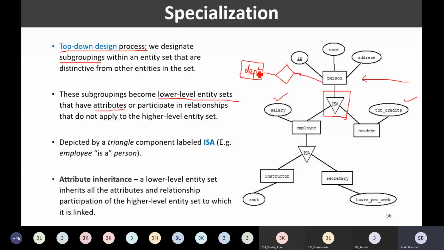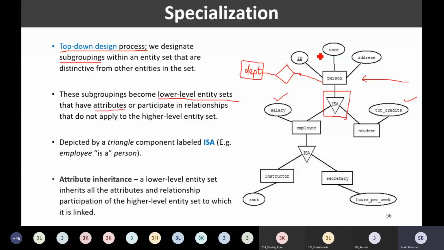What do I mean by that? Person is associated with the department. So obviously every employee who is a person is related with department. Every student who is a person is also related with the department. Correct?